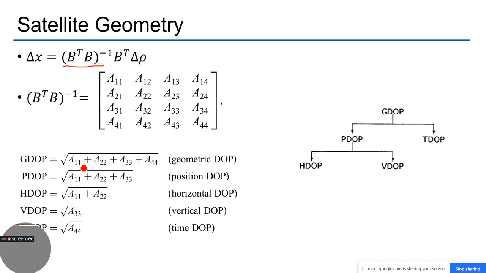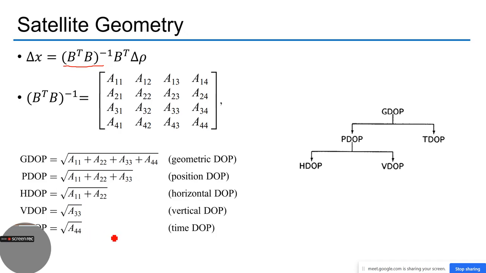If you consider x, y, z and t, then it's the geometric dilution of precision. If you just take the positional parameters x, y and z, then it is the positional dilution of precision. If you take x and y, then it's the horizontal dilution of precision. If you take z, then it's the vertical dilution of precision. And if you take t, then it's the time dilution of precision.